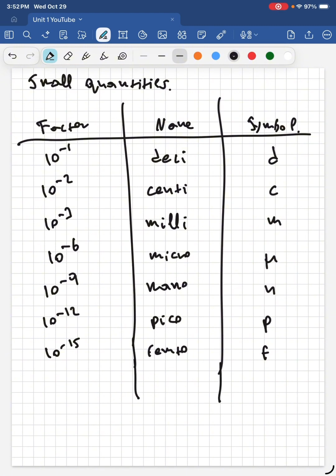And finally, 10 to the negative 18, the name is atto, and the symbol is a.